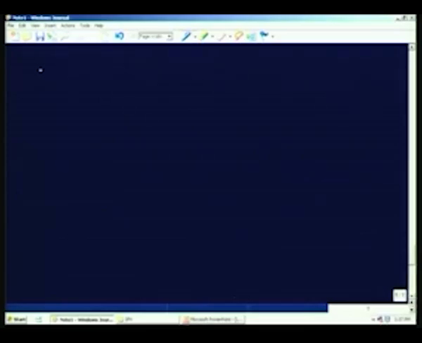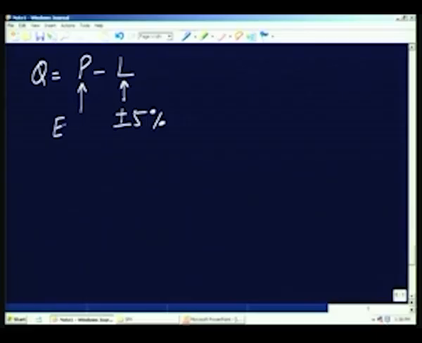We also know that Q is equal to P minus L, and this has got a plus or minus 5% specification. P has an error because we have an error in the value of the voltage which is measured.